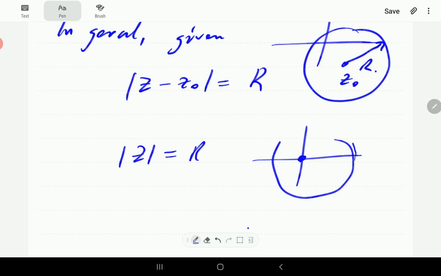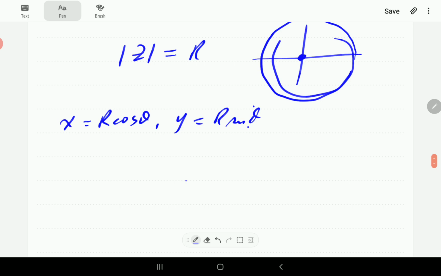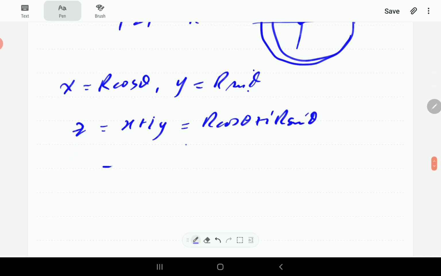Now we know we can write this in parametric form. It's going to be x equals r cosine theta, y equals r sine theta. However, z equals x plus iy, so this is going to be r cosine theta plus ir sine theta. This is r times cosine theta plus i sine theta, but this is simply r e to the i theta.